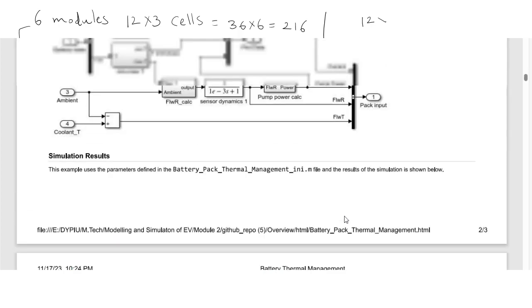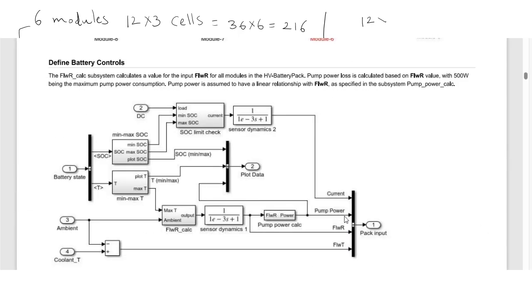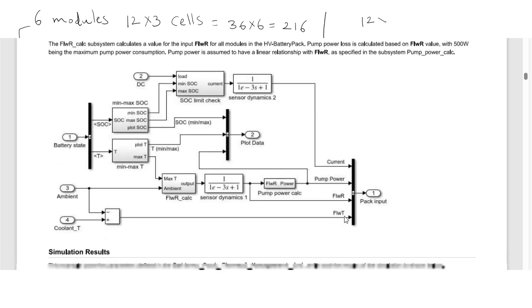So after simulating these, battery control mainly depends on the battery's present state, what the ambient temperature is, and what the coolant temperature is now. So based on that, it will decide. It is the control system only, no? What are the SOC minimum and maximum limits, and the maximum and minimum temperature limits.